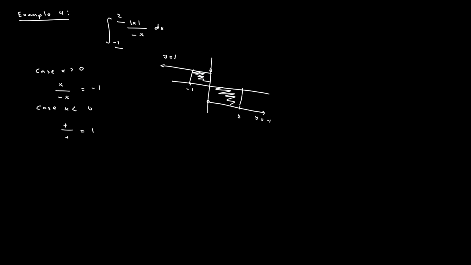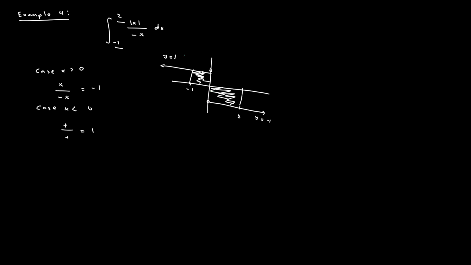Basically what happens over here is we have a discontinuity and we have two boxes, but that doesn't really change anything. If we go back to our basics, we're just finding the area under the curve. So the curve just happens to be over here, and this is the area we're worried about for x greater than 0, and for less than 0, this is the area we're worried about. And the discontinuity shouldn't really affect the final area because it's just one point where we're discontinuous.